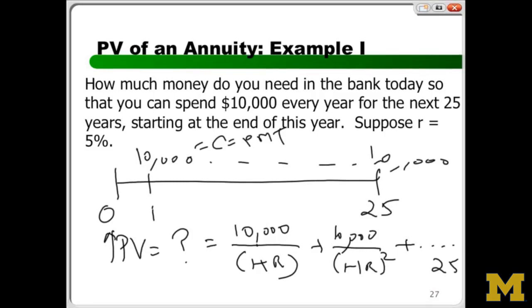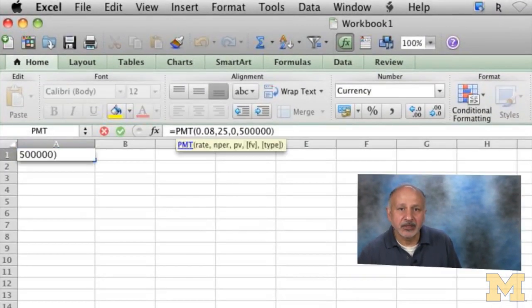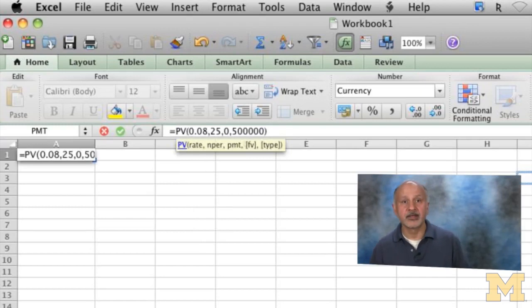When in desperation for calculation, go to Excel. Okay, so I'm going to go to Excel, and the good news is the previous problem is already there. So I do not want to do a PMT first because I already know PMT, but I want to do now what? PV, right? Interest rate is now not 8%, but it's 5%.